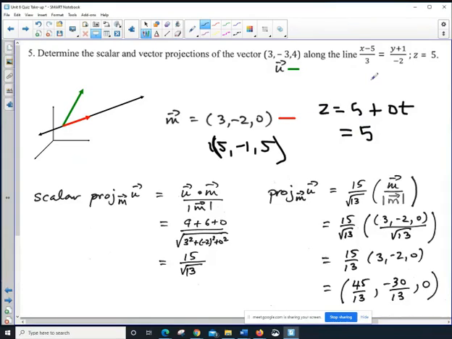So when we put it in symmetric form and one of the components of our direction vector is 0, we just write it as, in this case, z equals 5. When you see just z equals 5, or if you see x equals 1, it means that the z or x component of that direction vector is 0. Okay? Does that clear it up, Samya?